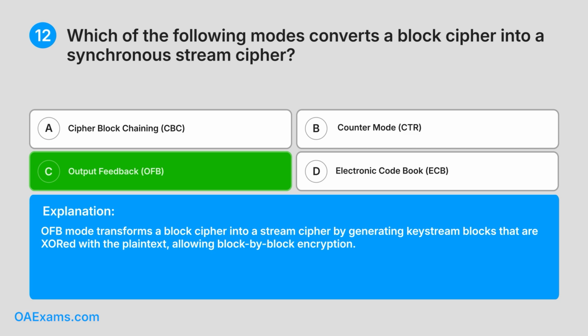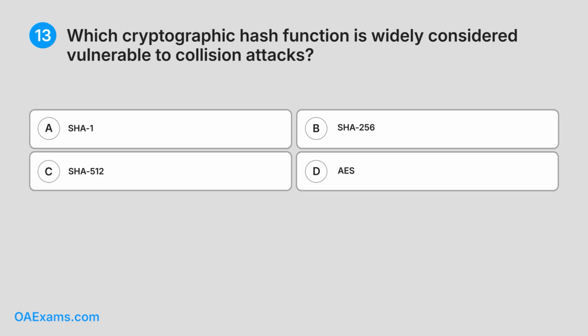Explanation: OFB mode transforms a block cipher into a stream cipher by generating key stream blocks that are XORed with the plaintext, allowing block-by-block encryption. 13. Which cryptographic hash function is widely considered vulnerable to collision attacks? A. SHA-1. B. SHA-256.